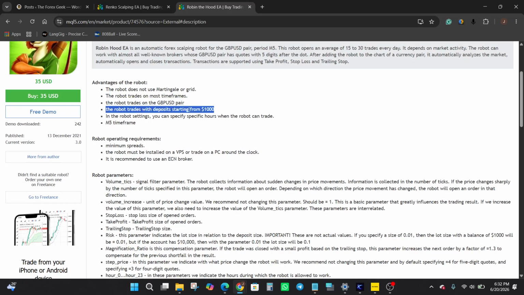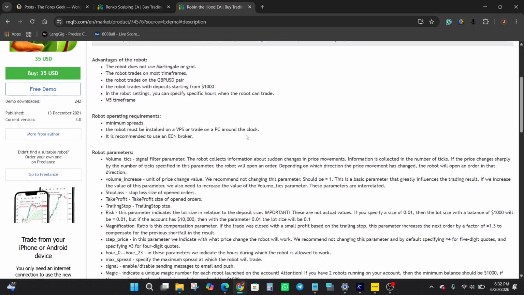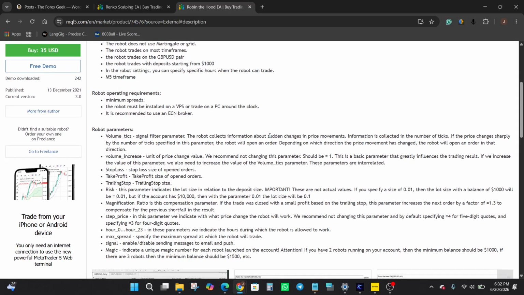Moving further down, the developer recommends trading GBPUSD and notes that the robot is intended for accounts starting from $1,000. The M5 time frame is specifically recommended, and there is also the ability to define the exact trading hours through the settings, allowing users to control when the EA is permitted to operate. The developer also outlines several operating requirements.